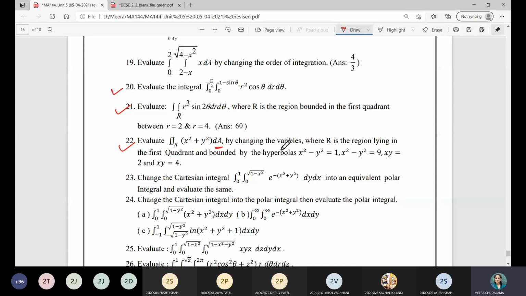By changing the variables, where R is the region lying in the first quadrant and bounded by the hyperbola. This example was there in the previous syllabus. You can see we are going to do this polar coordinates example, but as I was telling you, for any coordinate transformation u and v, you have to change the whole thing. Here it is not polar coordinates. This is represented by the hyperbolas.